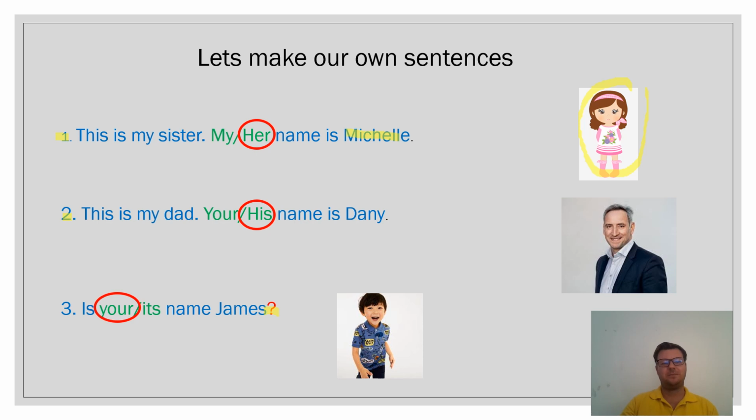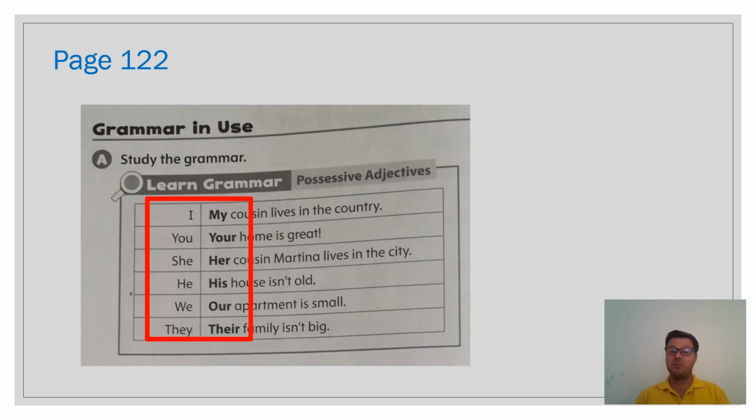Very good, P1. Now it's time for some bookwork. So I would like you to open your English books on page 122. Please look at question A. Let's stop here for a moment and just review pronouns and possessive adjectives.